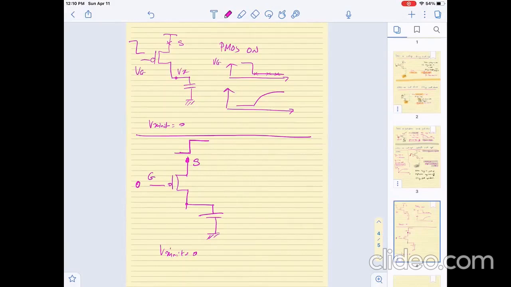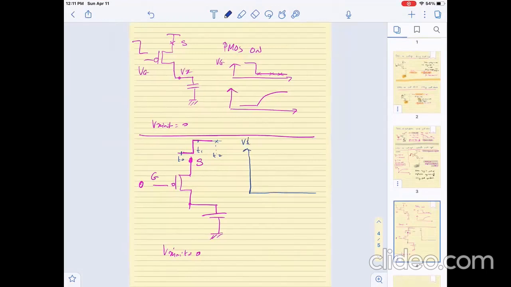Let us label 3 time points here: T0, T1 at the onset of switching, and time point 2. If I draw Vs of t as a function of time, I will have here T0, then T1 at the onset of switching, and then T2 here at 50% delay.